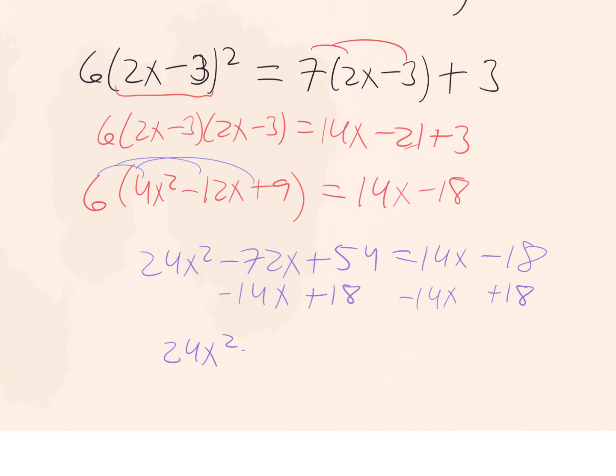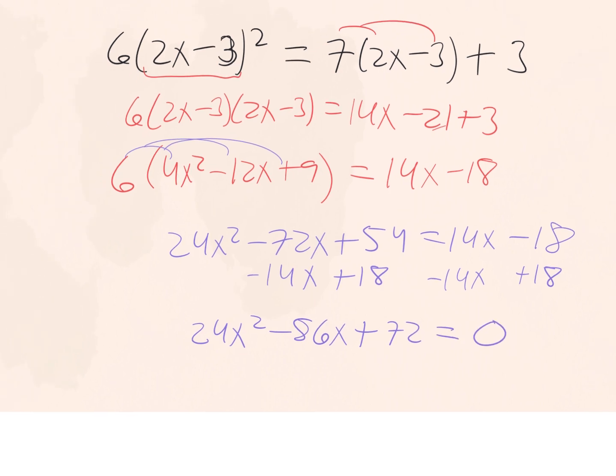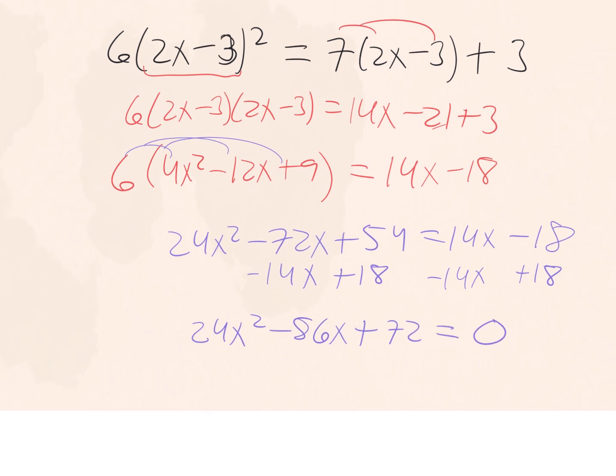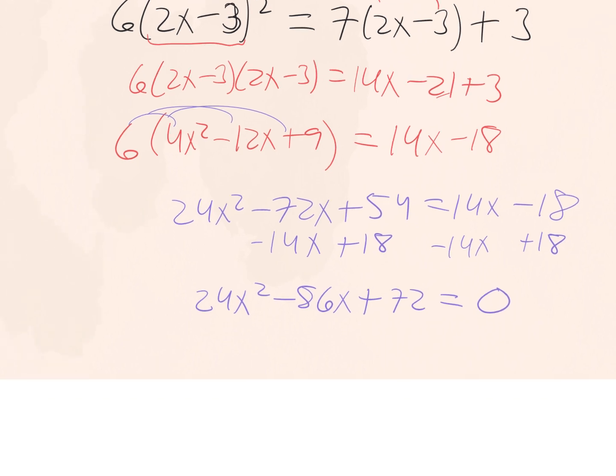So we get 24x squared minus 86x plus 72 equals 0. So always check if you can pull out a GCF. Here we can pull out a 2. When you pull out the 2, you should be left with 12x squared minus 43x plus 36 equals 0.